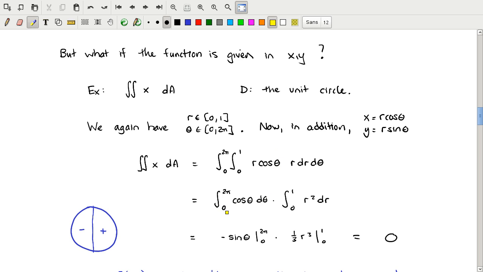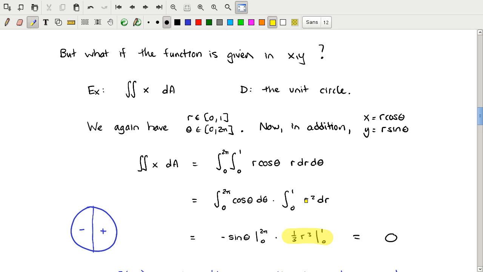We can break this into the product 0 to 2 pi integral of cosine theta d theta and integral from 0 to 1 of r squared dr. And so the former is negative sine theta from 0 to 2 pi, and the latter is 1/3 r cubed from 0 to 1. This would contribute an amount 1/3, but sine of theta is 0 at both 0 and 2 pi, so this term is 0, and so the whole integral is 0.